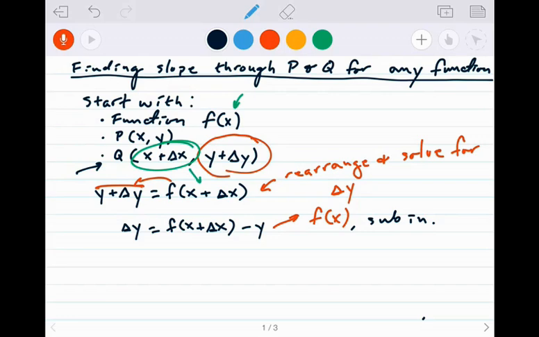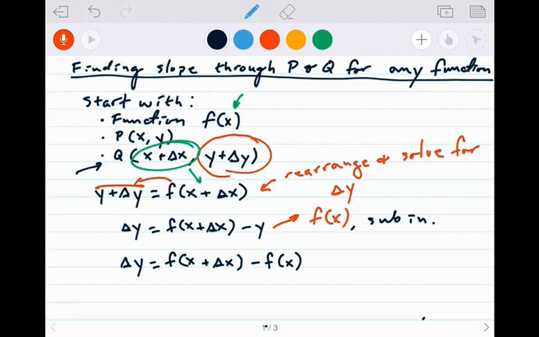That means delta y is equal to f of x plus delta x minus f of x. So essentially, we've got something in terms of y on the left-hand side and everything in terms of x on the right-hand side.